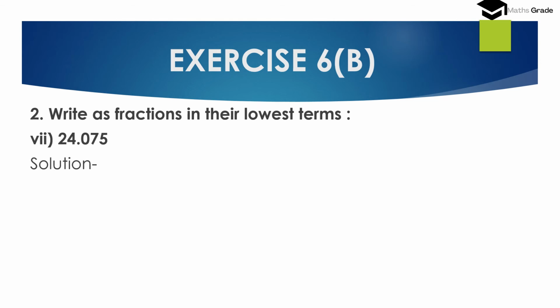Now question number 7, 24.075. We have to write this decimal as a fraction in its lowest terms. We can write 24.075 as 24 plus 0.075.